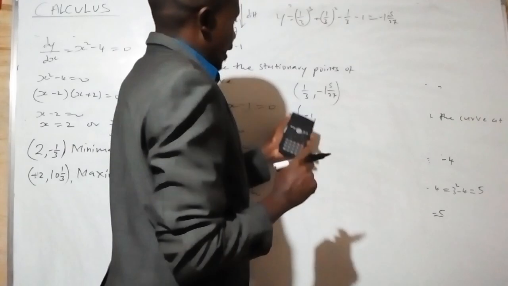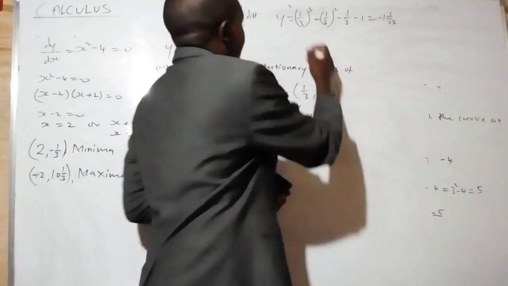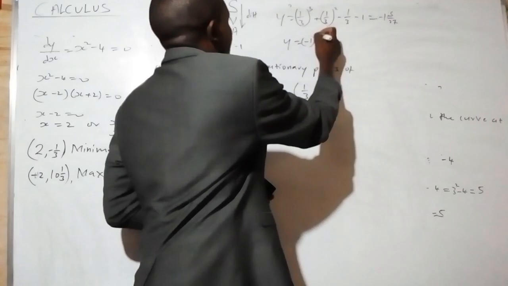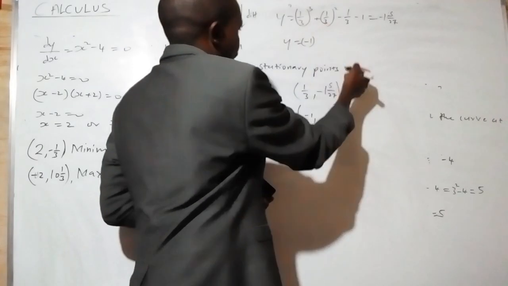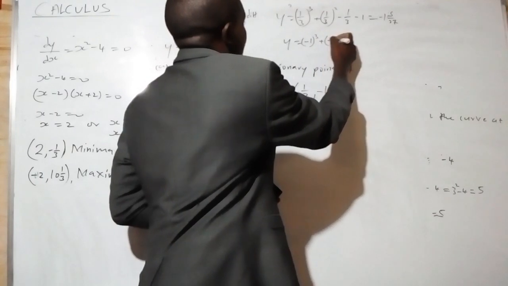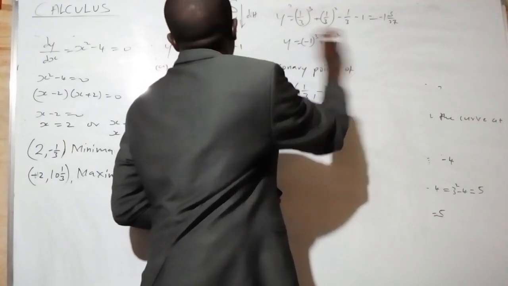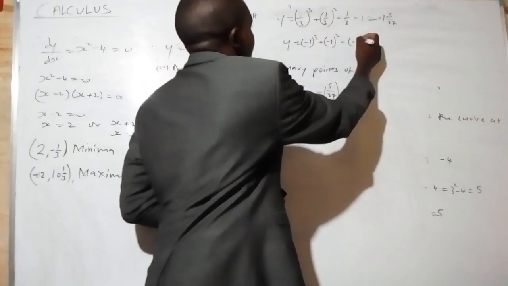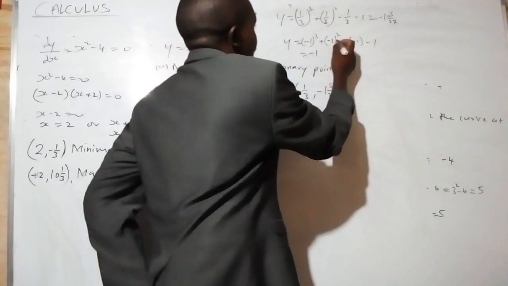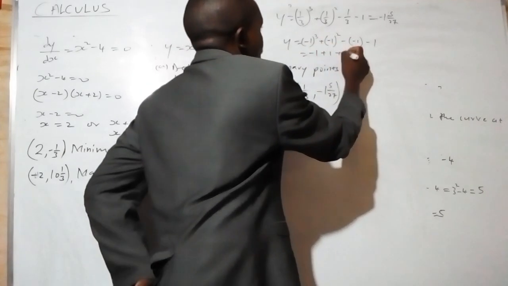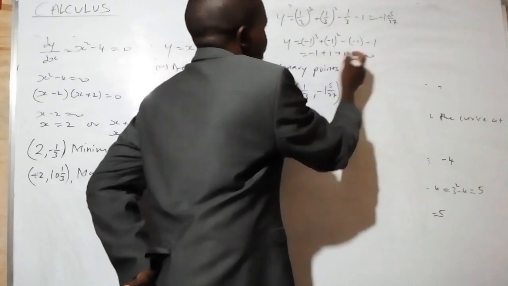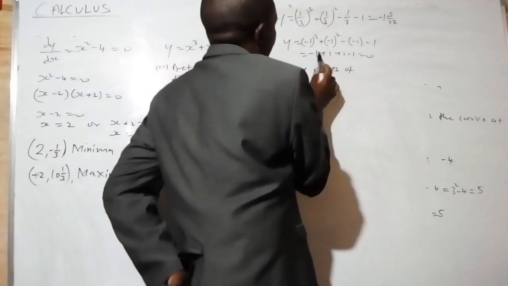Then for the second one, y is equal to negative 1 cubed plus negative 1 squared minus negative 1 minus 1, and you are going to have negative 1 plus 1 plus 1 minus 1, it's 0. Yeah, it's supposed to be 0.